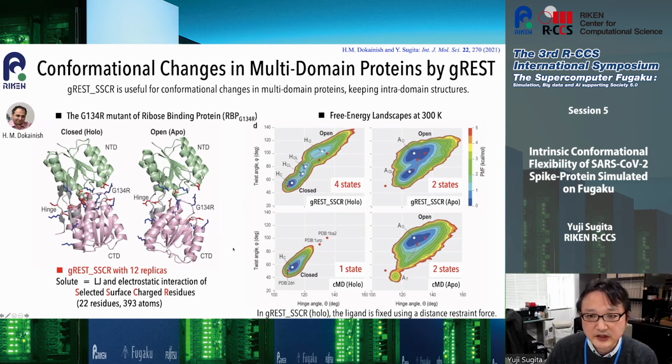But because of this, you can see that much wider conformational regions are sampled in the holo form and also the apo form compared to the conventional MD simulation. We can sample more states using this method, which we call GREST SSCR.